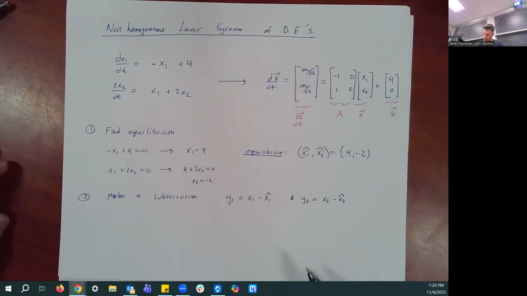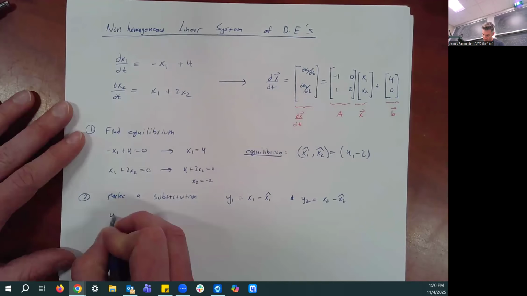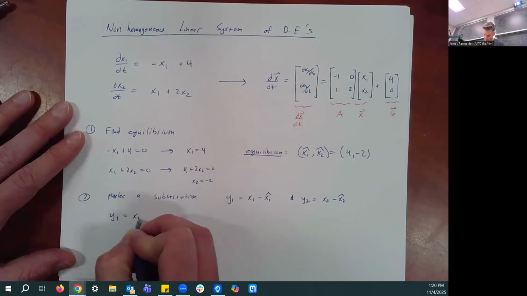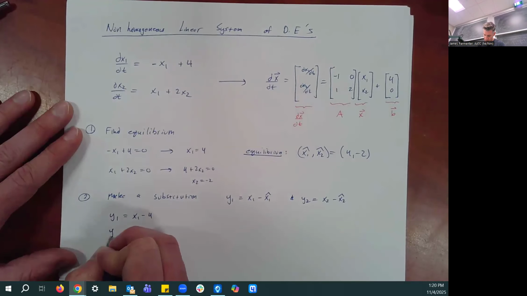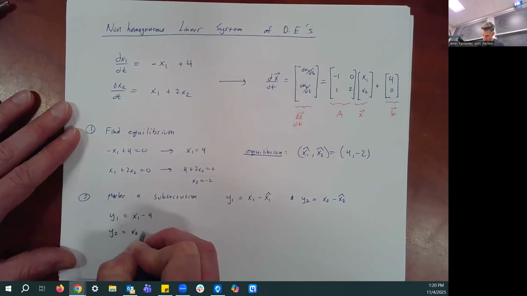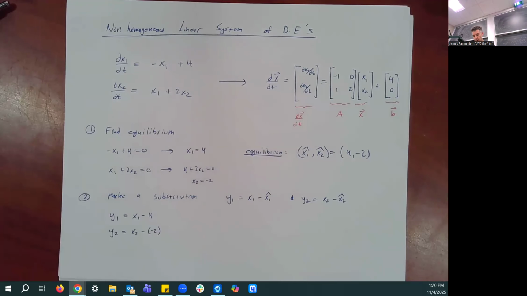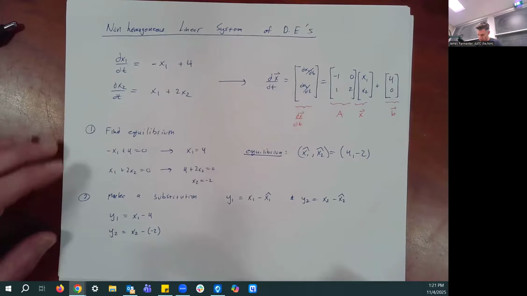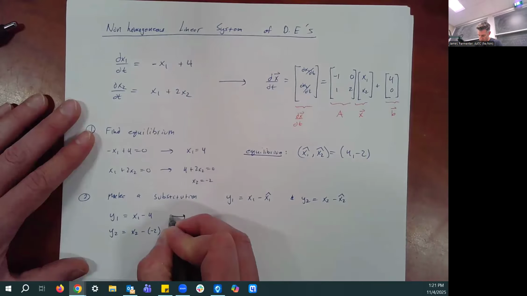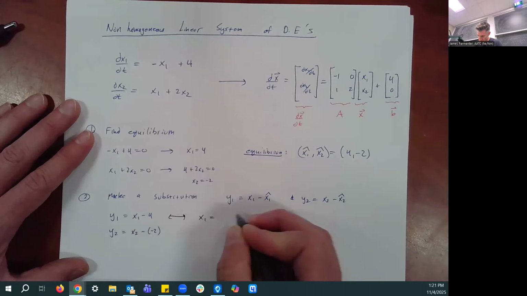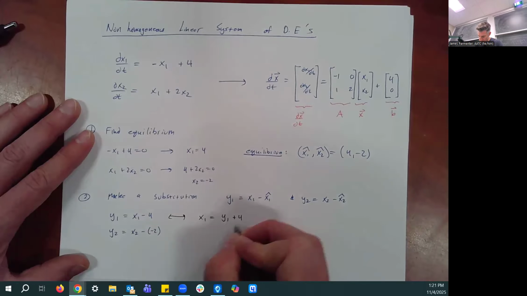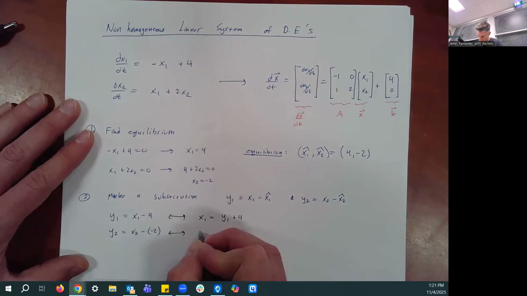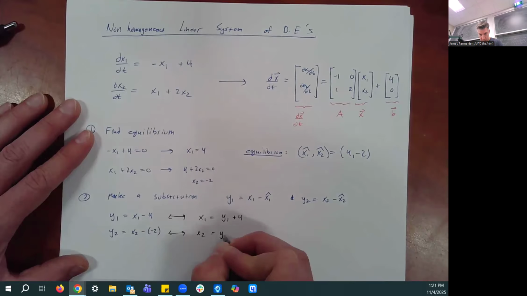So here we're going to say y1 is equal to x1 minus 4, y2 is equal to x2 minus negative 2. And then we're also going to solve it for x1 and x2 just so we know what they're equal to because we need them. So this is also going to tell us that x1 is equal to y1 plus 4, and that x2 is equal to y2 minus 2.